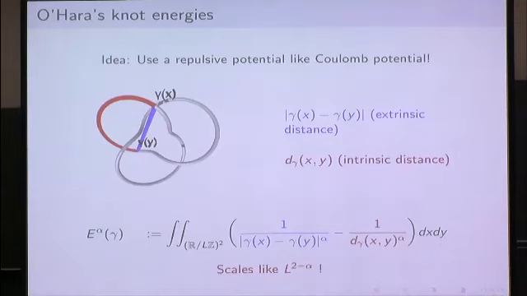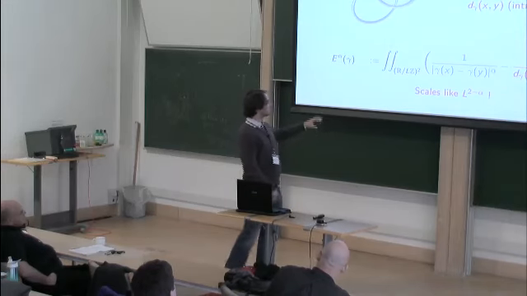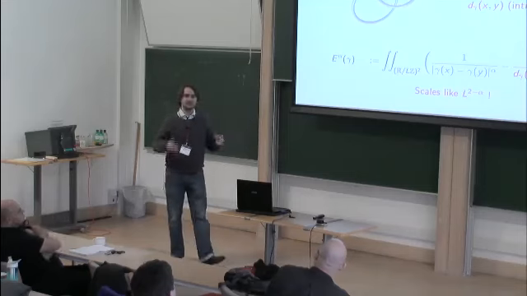What you have to keep in mind is the scaling, because the scaling of these energies is going to be extremely important. This integrand roughly scales like 1 over the length of our curve to the alpha, and we get another length squared due to the integration. So it scales like L to the 2 minus alpha.